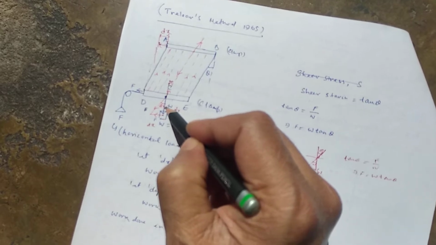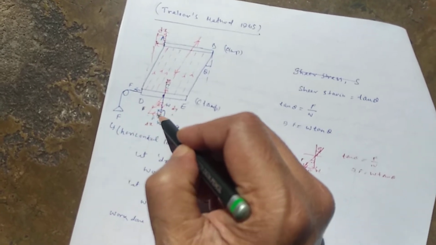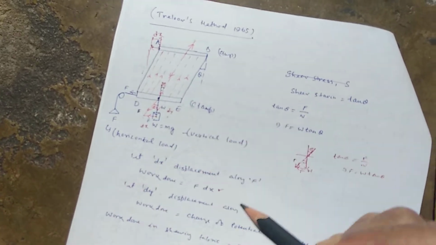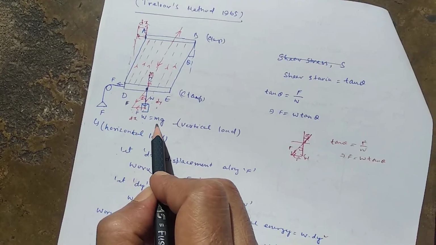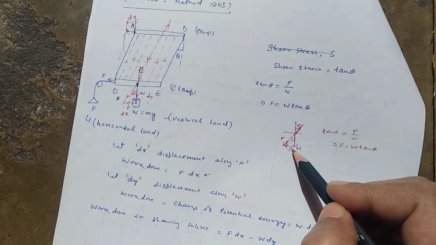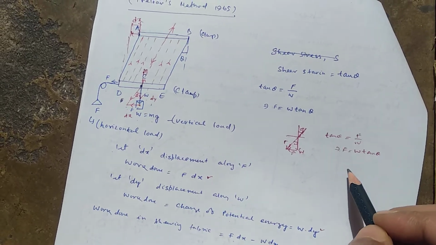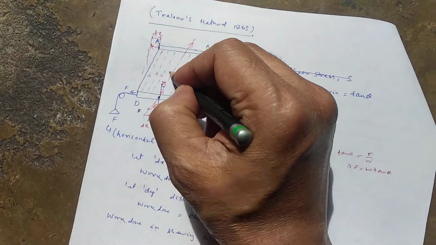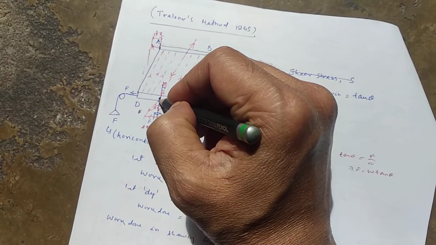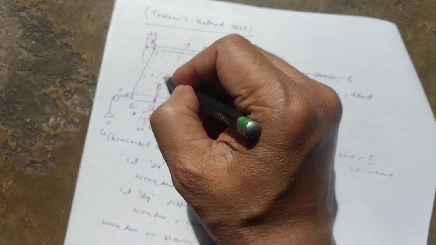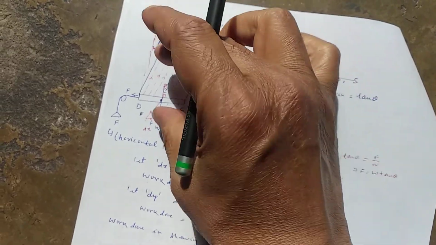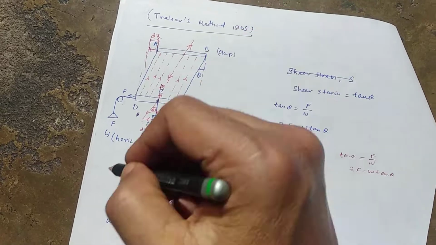So there is a weight W, the displacement is dx in the horizontal direction and dy in the vertical direction. W is equal to mg. If you resolve this component, tan theta is equal to F by W, or F is equal to W tan theta. That is F. This is W in this direction. This is the weight. This is the force in the thread axis, because they both are connected.